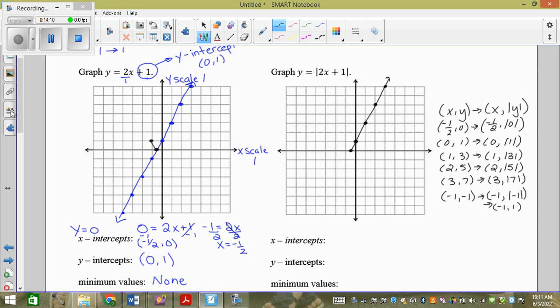So now we're heading this direction. And then we have to do the next one, which is negative 2, negative 3. So you become negative 2 and the absolute value of negative 3, which is negative 2, 3.